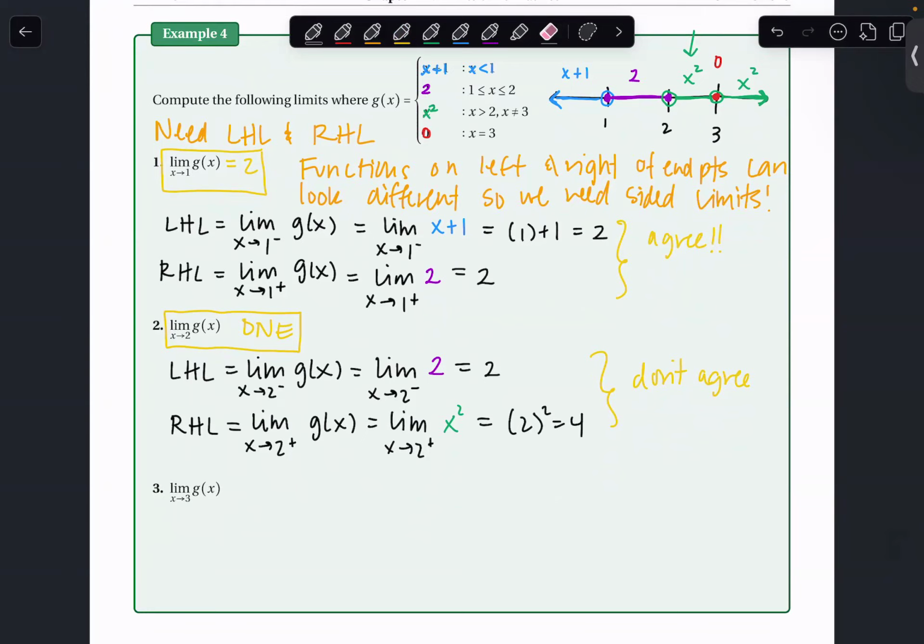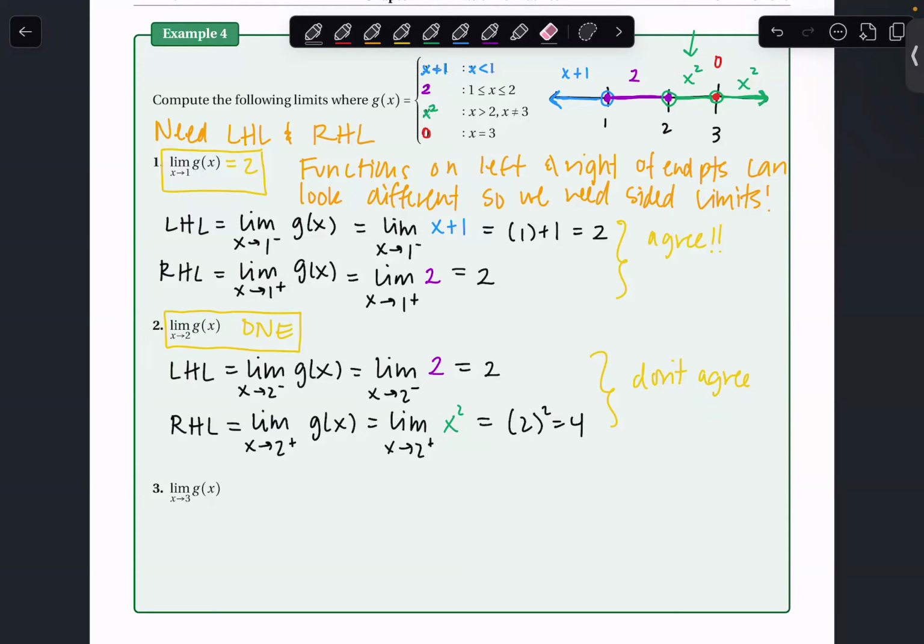So we want to decide what happens nearby. It could be undefined at 3, and my answer should still be the same, right? I don't care what happens at the point. I care about what happens to the left and to the right, what happens nearby. So here nearby, what functions am I using? My x squared. On the left and on the right, I have the same exact formula.